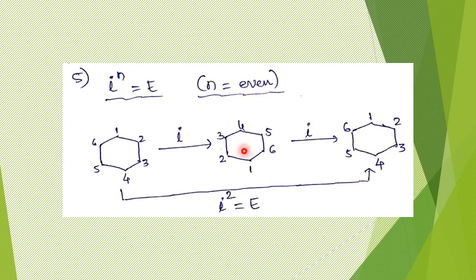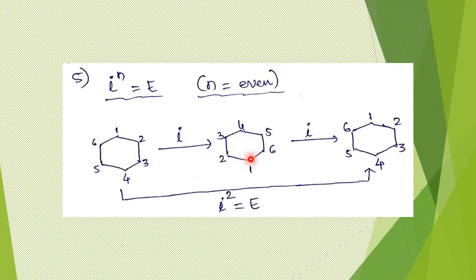Each and every atom moves in the opposite direction with respect to all 3 dimensions. So atom 5 goes here, 2 comes here, 1 goes here, 4 goes here, and the orientation will be this. This is the result when I perform I once.